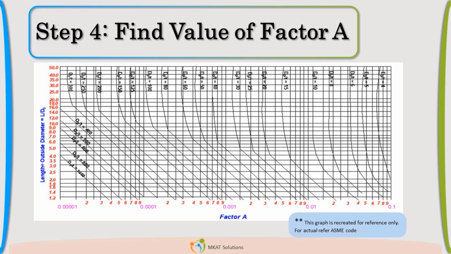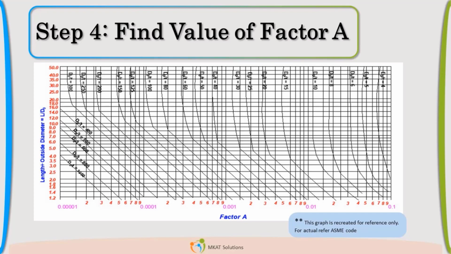Wherever that L by D intersects with D naught by T, you will get factor A. And this is a logarithmic graph, so you have to be very careful while reading the values.